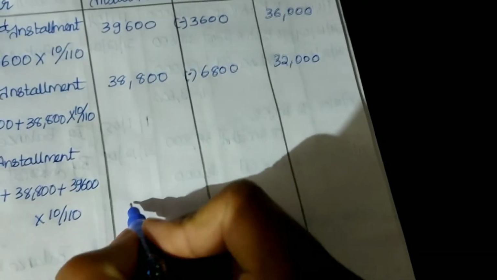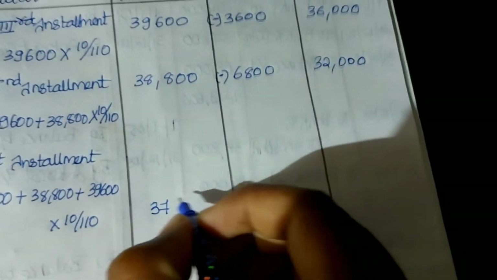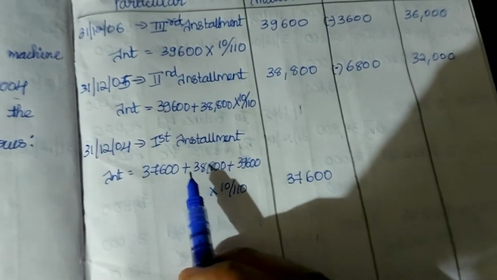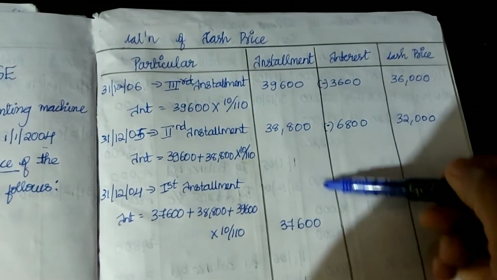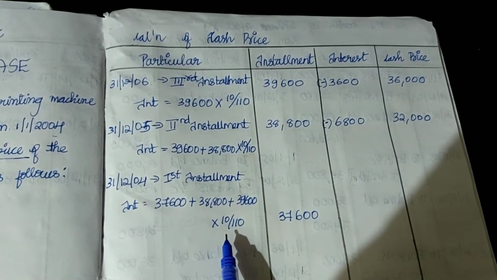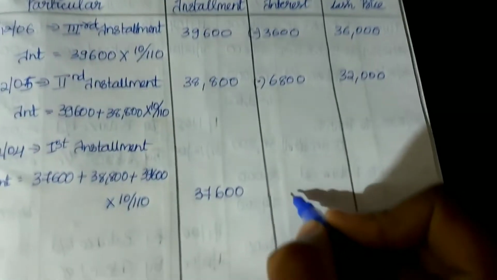So if you do so, we'll enter the amount here, 37,600, and then if you add the whole installment amount, multiply it by 10 and divide it by 110, then you will get 9,600.